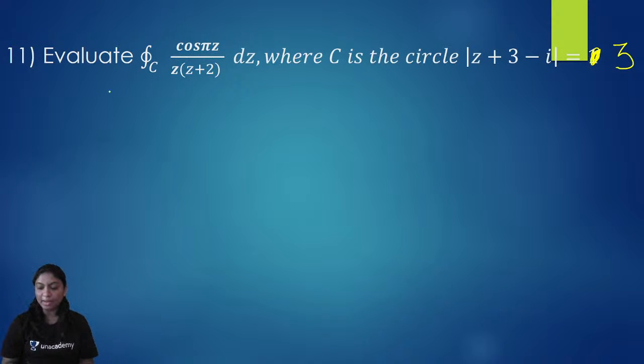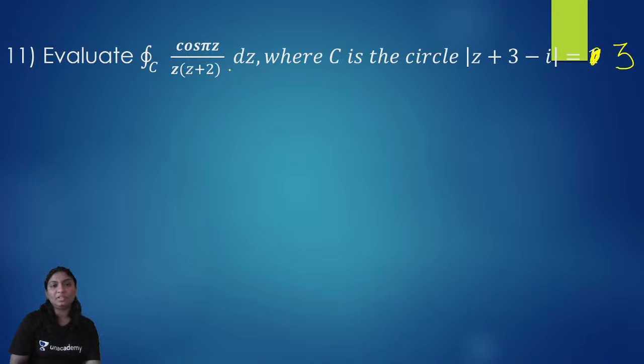So what happens here? Evaluate this cos pi z upon z into z plus 2 into dz, where C is the circle mod of z plus 3 minus i is equal to 3. So check whether the given point z is equal to 0 or z is equal to minus 2 lies inside. You can calculate the residue also for that.